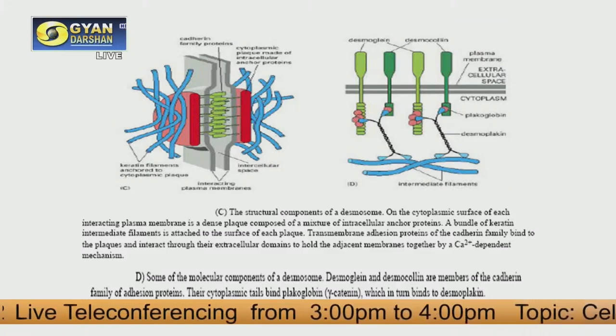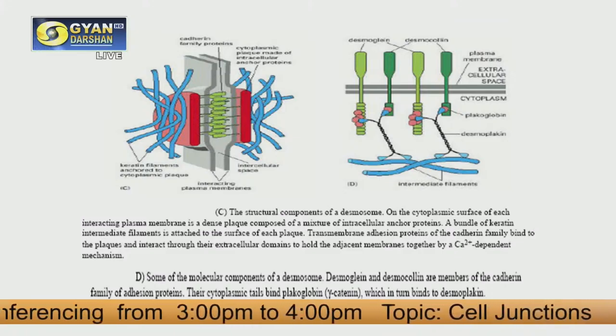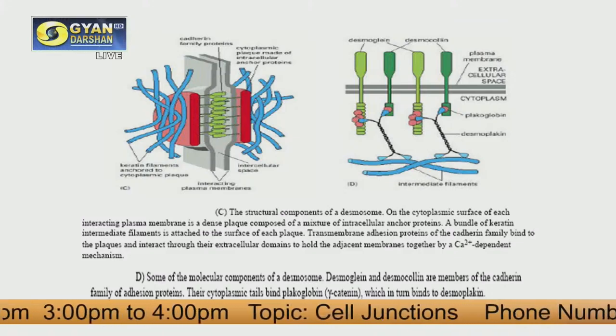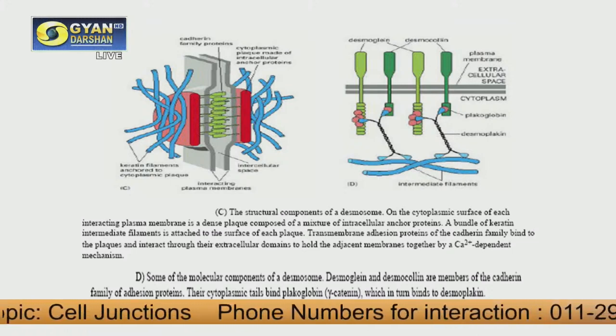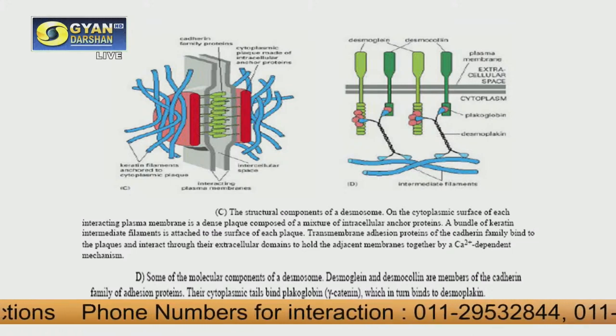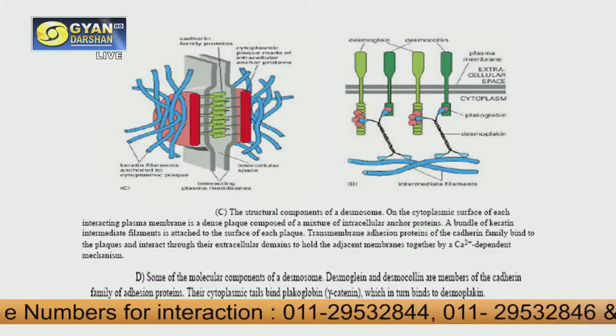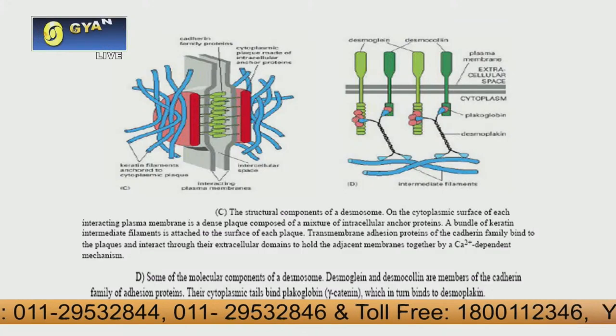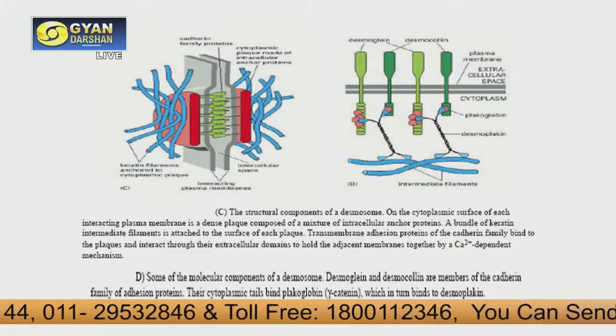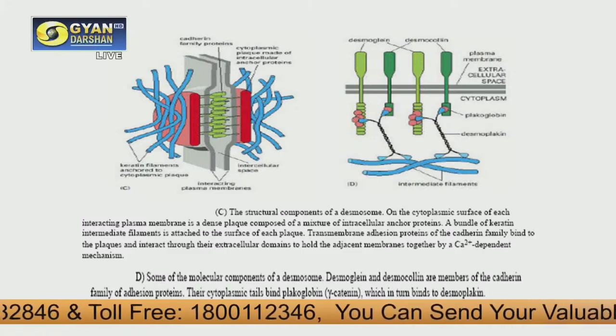Here you will not call them cadherin. What do you call these proteins? Desmoglein, desmocollin. These are some of the proteins. And in the tail portion, you find certain proteins called placoglobin. This is another protein.